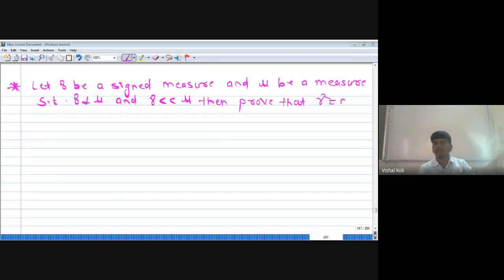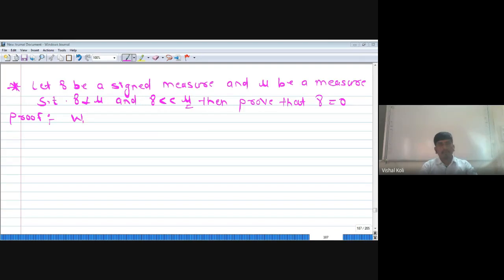So here we are given that gamma is a signed measure and mu is a measure such that gamma is mutually singular with mu, and gamma is absolutely continuous with respect to mu, then we have to prove that the signed measure gamma must be equal to 0. Okay, so let's prove it.